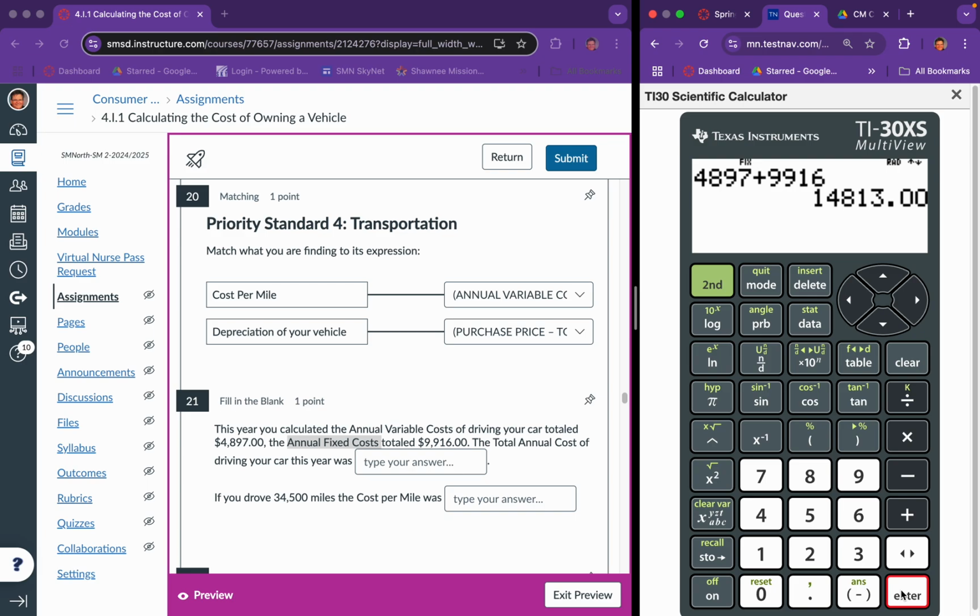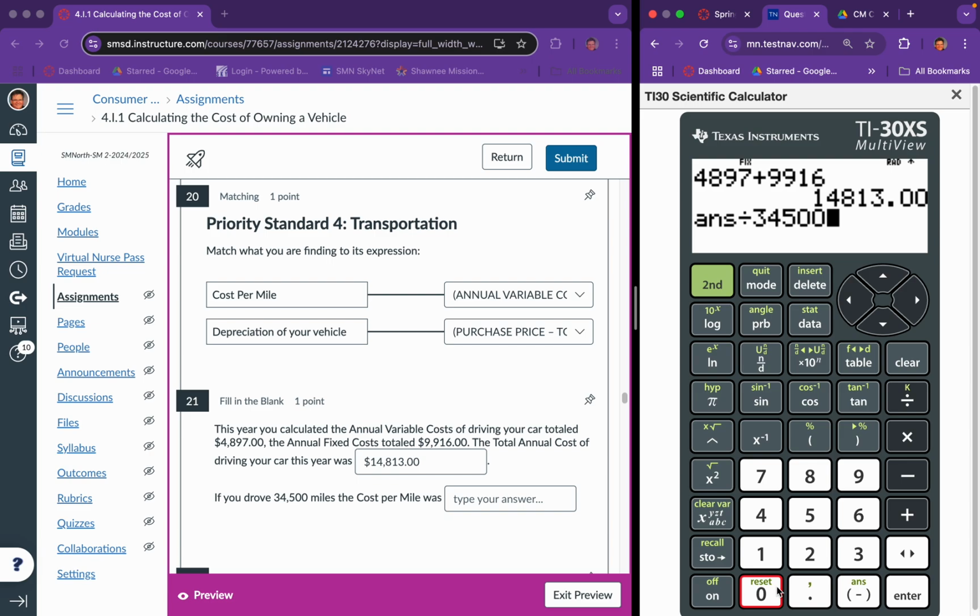Altogether, what has come out of your bank account or out of your back pocket for driving your car, altogether you've spent $14,813.00 on your car. So that's everything that's gone towards your car. That's car payments, that's loan payment, that's absolutely everything. But you've driven your car, so we're going to divide by the 34,500 miles you've driven your car.